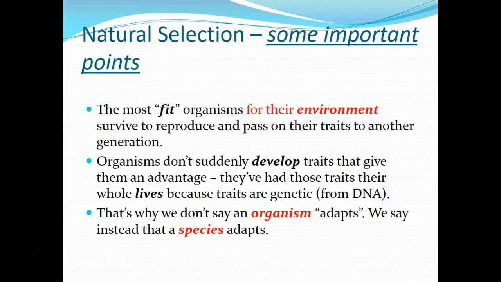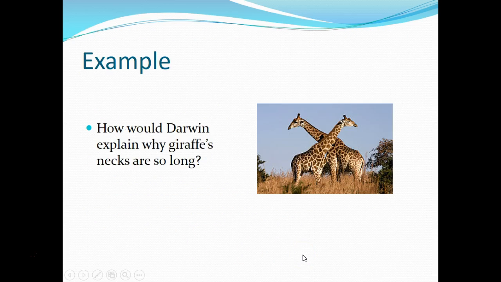But an individual polar bear, of course, can't change how much hair it has, because that's determined by its DNA, and an individual organism can't change its DNA. So this is very important. We don't ever say an organism adapts or evolves. It's a species or a population of organisms that adapts or evolves.